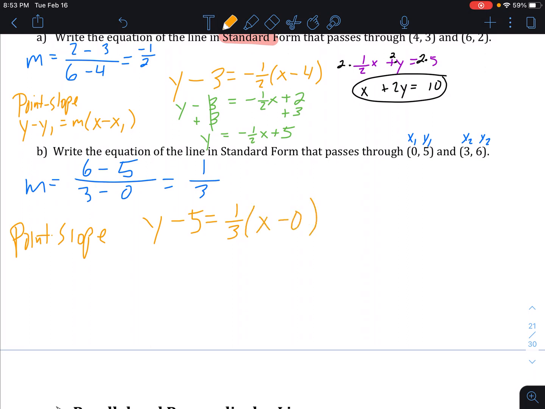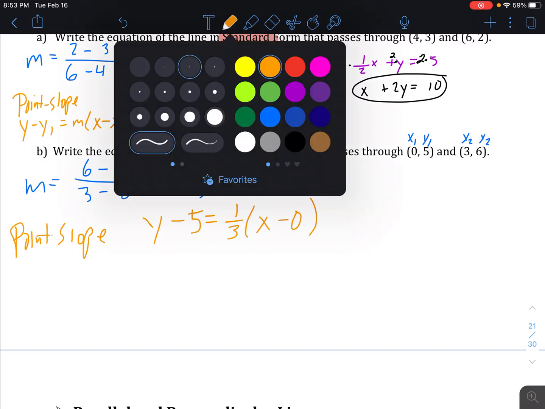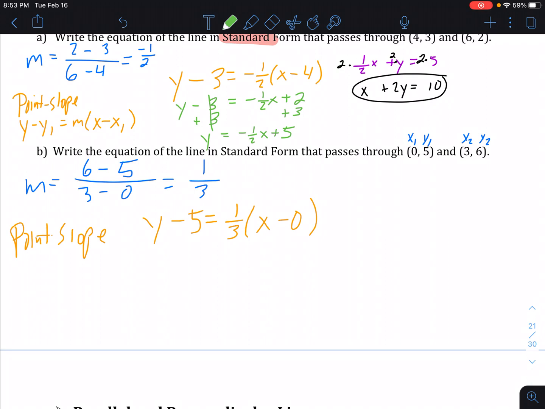So now I'm going to start converting this over into my standard form. I'm going to distribute to get rid of the parentheses. So 1/3 times x, and then 1/3 times 0. I'm going to move that minus 5 over to the right. I'm going to add 5.